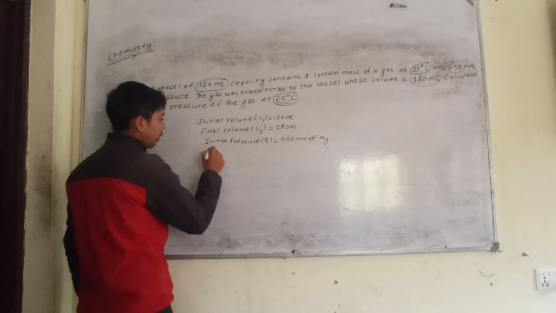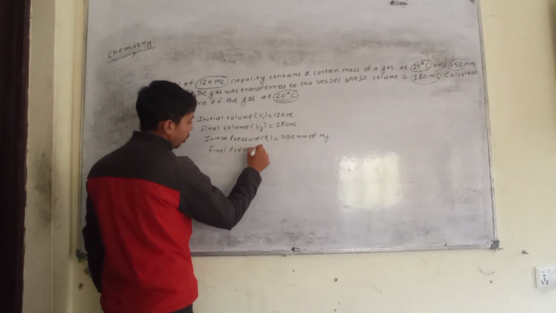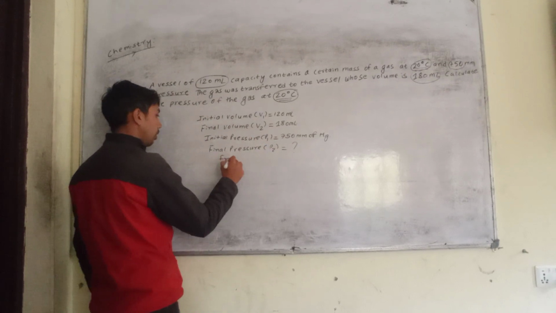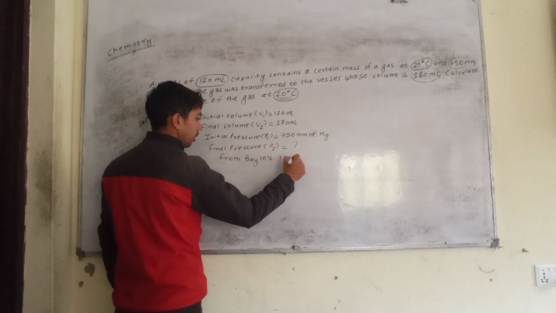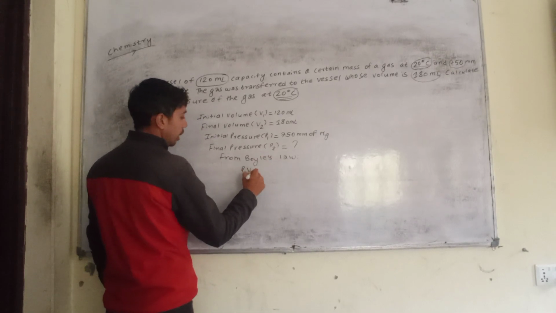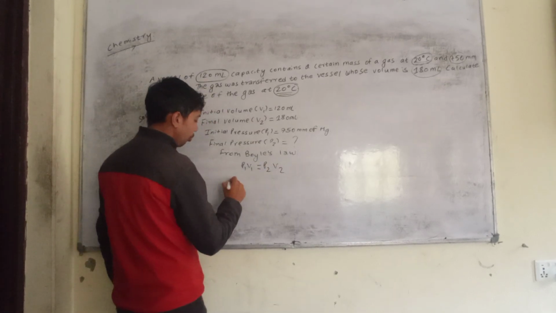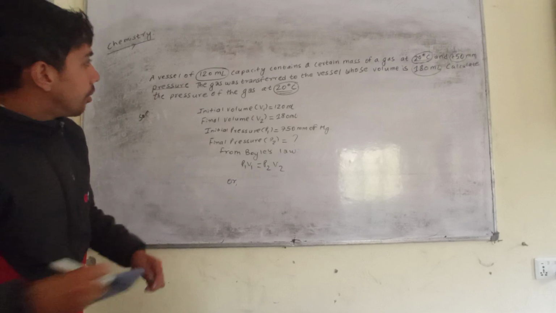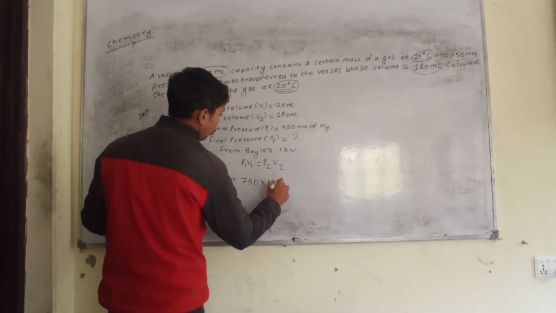So we can get the final pressure from here. Final pressure P2 equals what? Okay, from Boyle's law, P1 V1 equals P2 V2. P1 means 750 into V1, that is 120.